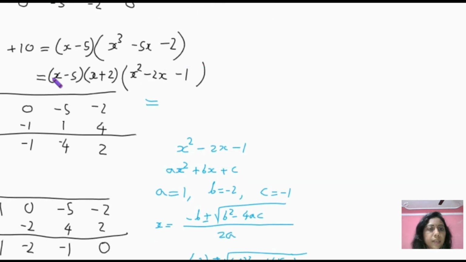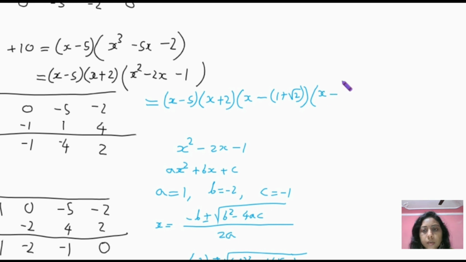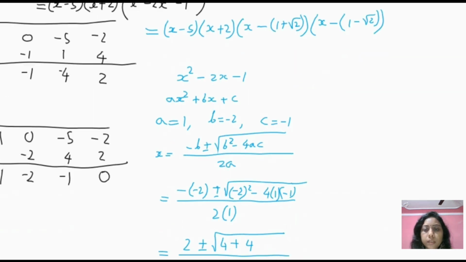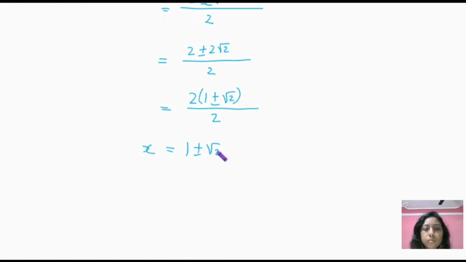Okay. Our final factorization is x minus 5, x plus 2, and for this we can take x minus 1 plus square root 2, okay, and x minus 1 minus square root 2, because we got the values 1 plus square root 2 and 1 minus square root 2.